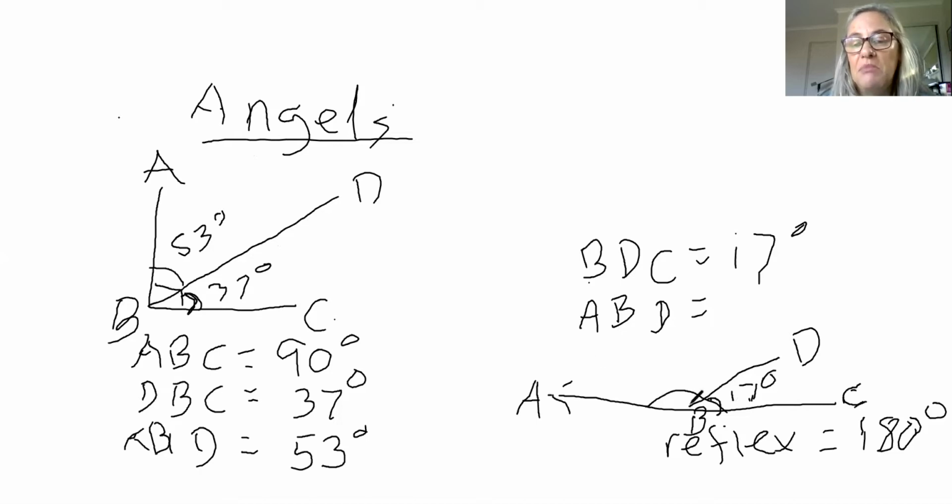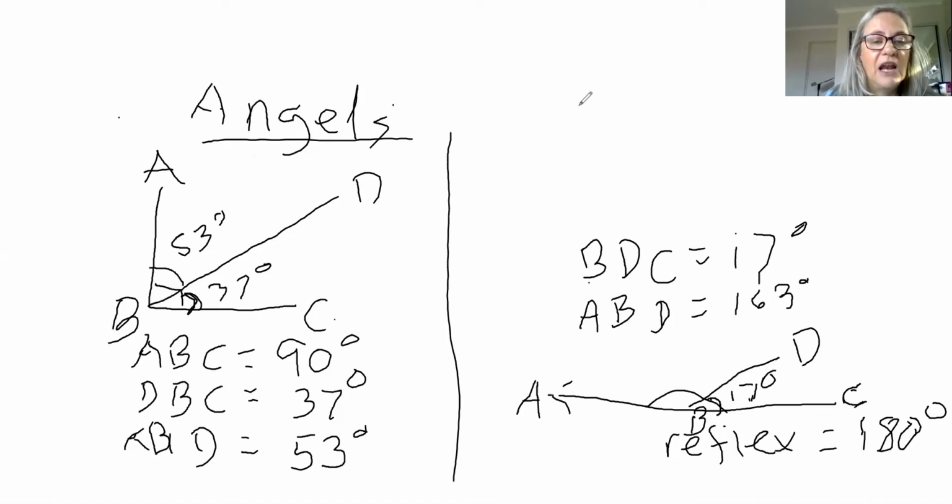So the A, B, D, we've got to take the 17 away from 180, and that is going to leave us 163 degrees. All right, so this one on the left-hand side is a complementary angle, and this one on the right-hand side is a supplementary angle.